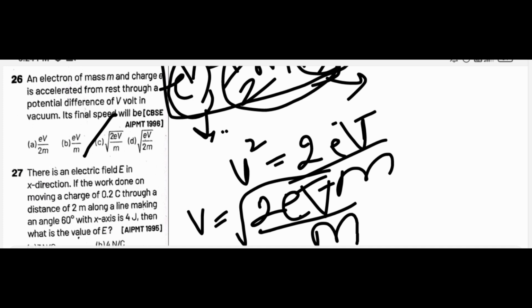Both are the same equation only. For potential, remember V is equal to mv square by 2q. If they are asking for velocity, just do a cross multiplication and substitution for v, and you will get this answer. Both are the same type of question, asking for a different parameter, that's it.